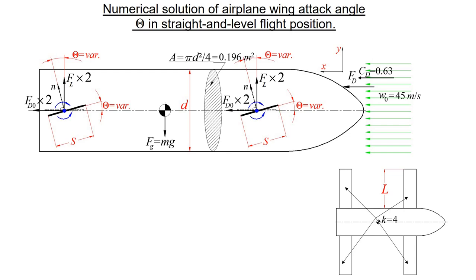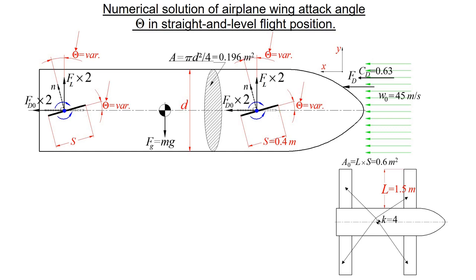They all are identical, with the possibility of a variable pitch angle of attack shown here. Single wing length is 1.5 meters, width 0.4 meters.